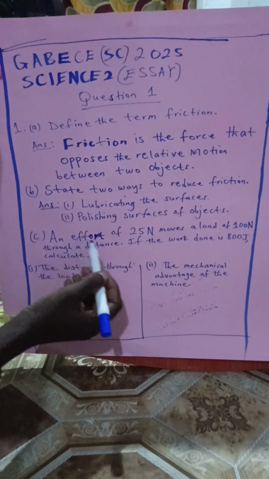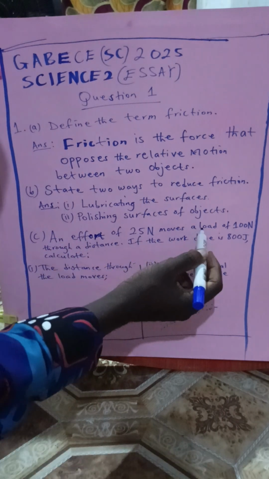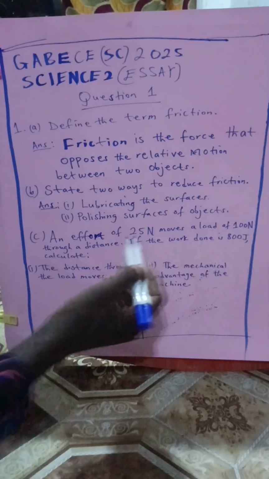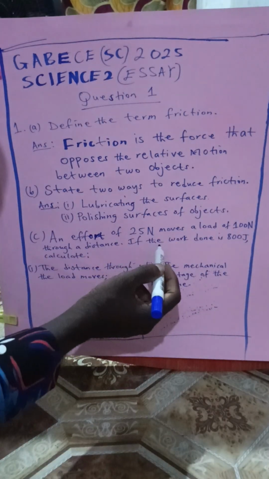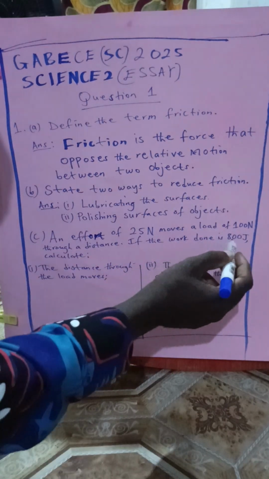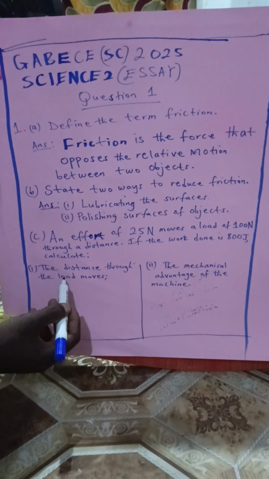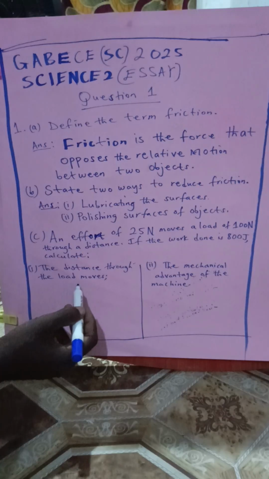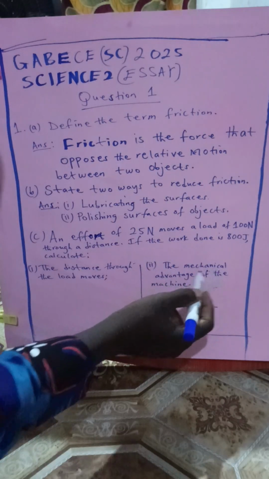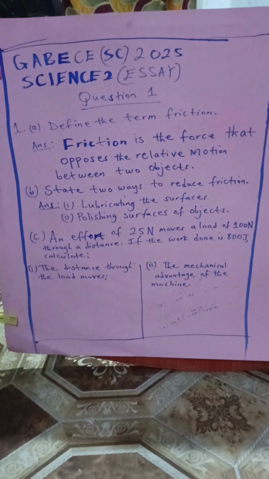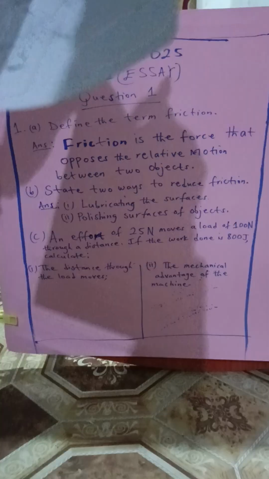Roman figure 2, the mechanical advantage of the machine. So the question is seen here. We have read it earlier. So already here we want to solve it.